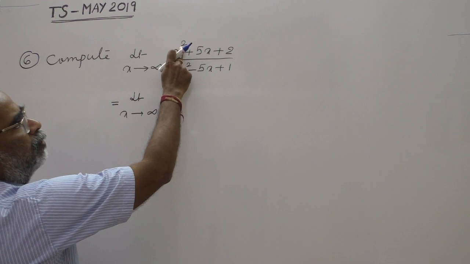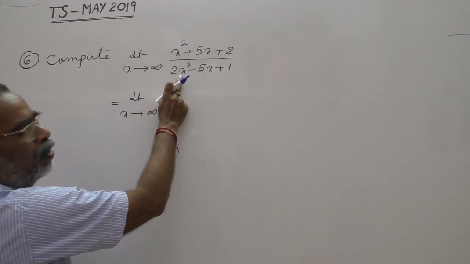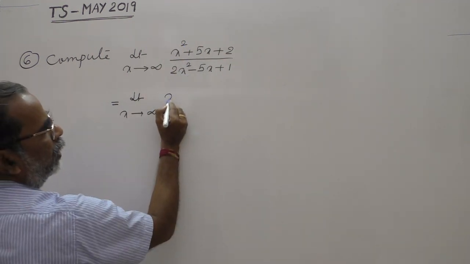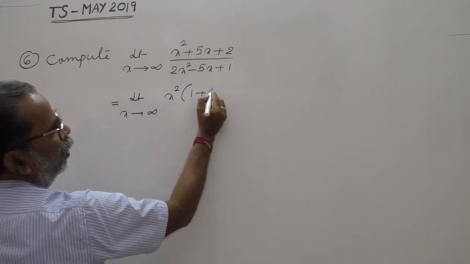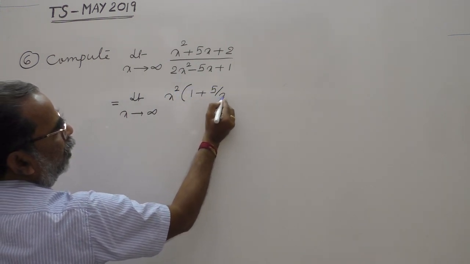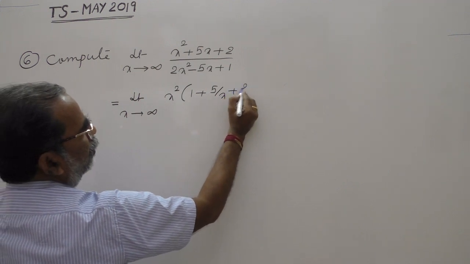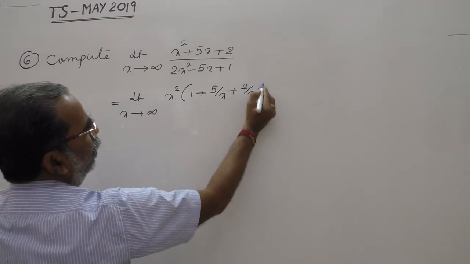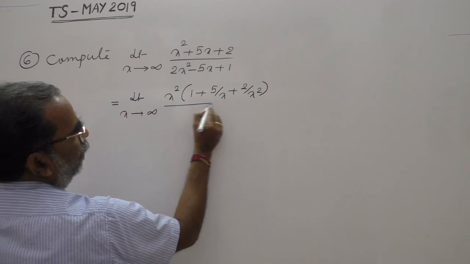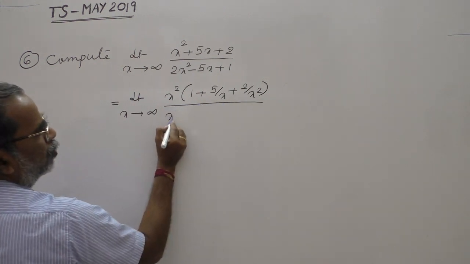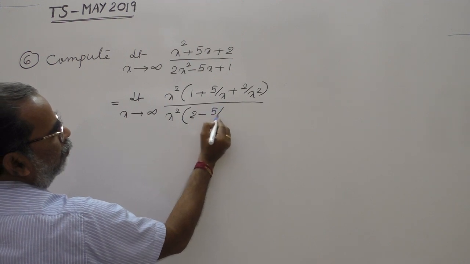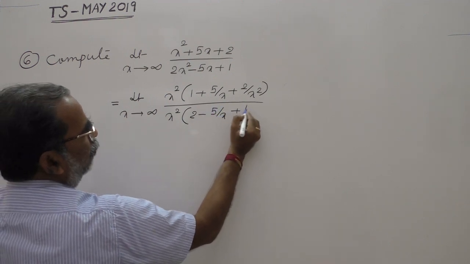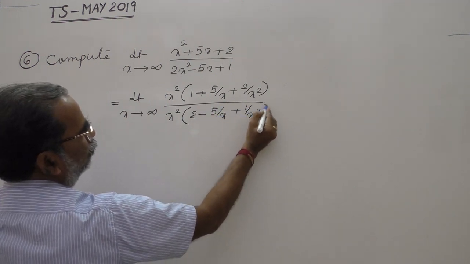Here the highest term is x², here also x². Therefore taking x² common in the numerator and denominator: 1 + 5/x + 2/x². I took x² common. Here also you take x² common: 2 − 5/x + 1/x².